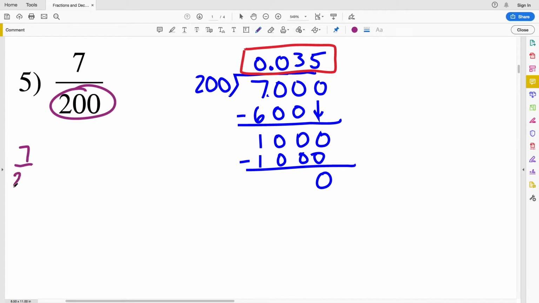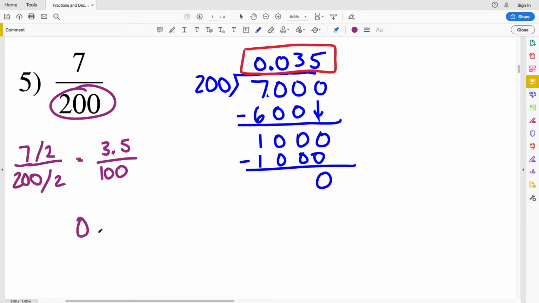So if we have 7 over 200 and we divide 200 by 2, we would get 100. But remember, whatever we do to the denominator, we need to do to the numerator. So we also have to divide 7 by 2. 7 divided by 2 is 3.5. That's a decimal in itself. So we have 3.5 divided by 100, so 3.5 hundredths.